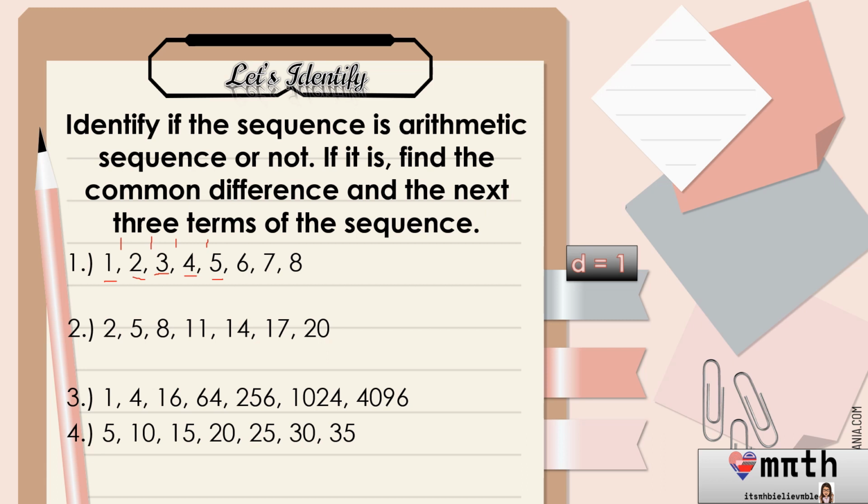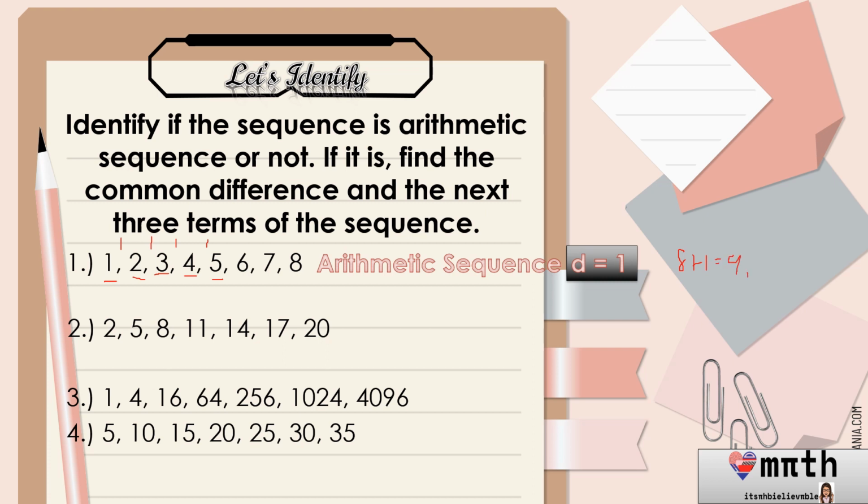Since we have a common difference which is equal to 1, we can say that the sequence in number 1 is an arithmetic sequence. And for us to get the next 3 terms of this sequence, we simply add the common difference. So, we add 8 plus 1, that is 9.